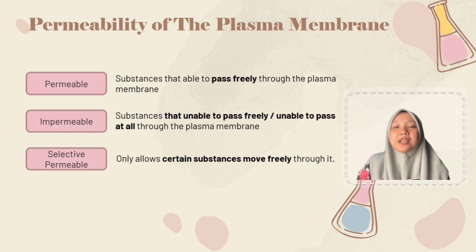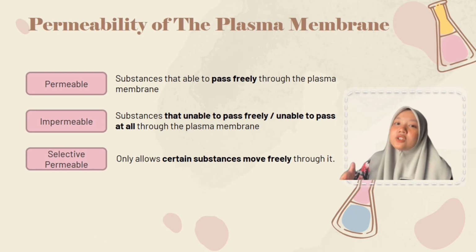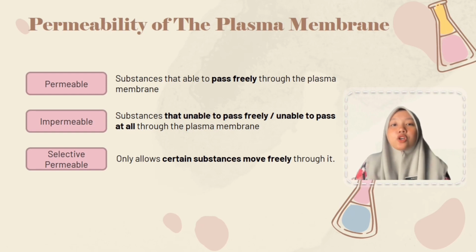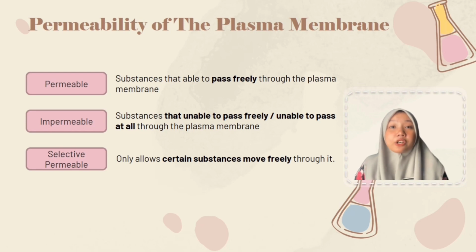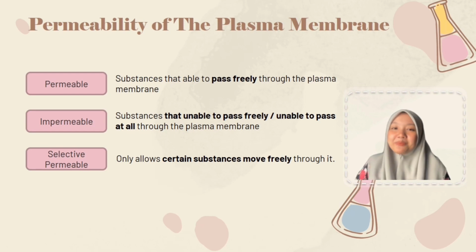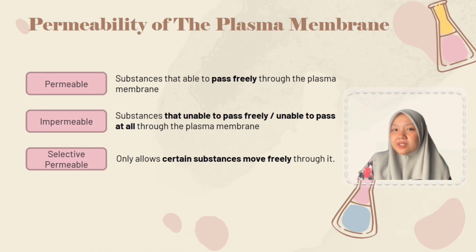It is because the plasma membrane only allows certain substances to move freely through it. Other substances may need help from the protein to pass through it, or it cannot pass at all. It chooses to release any one or not. The phospholipid bilayer and protein function to determine the membrane permeability towards specific substances.